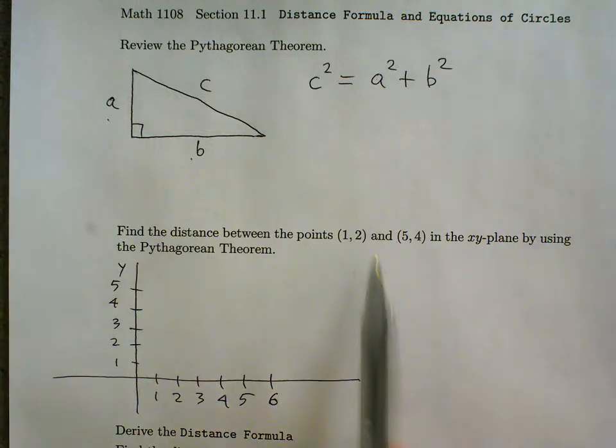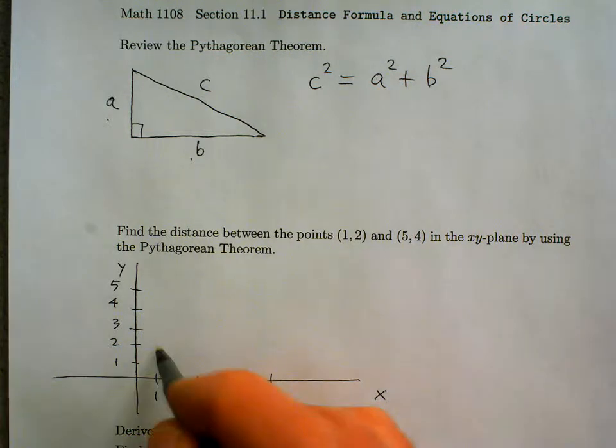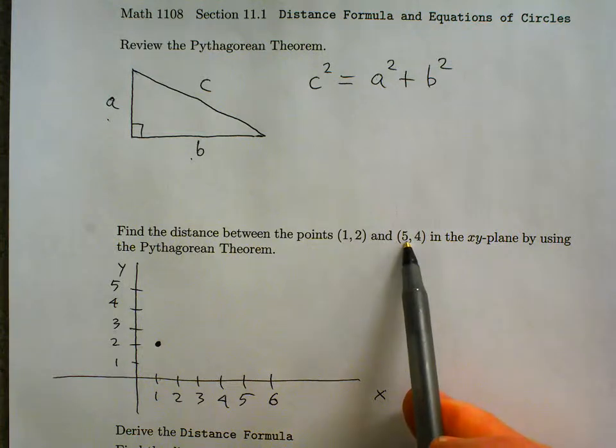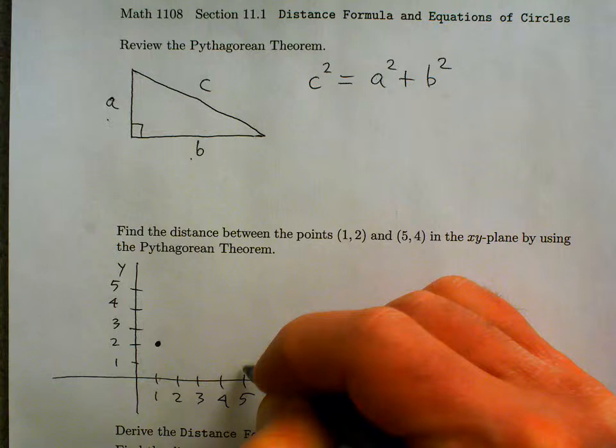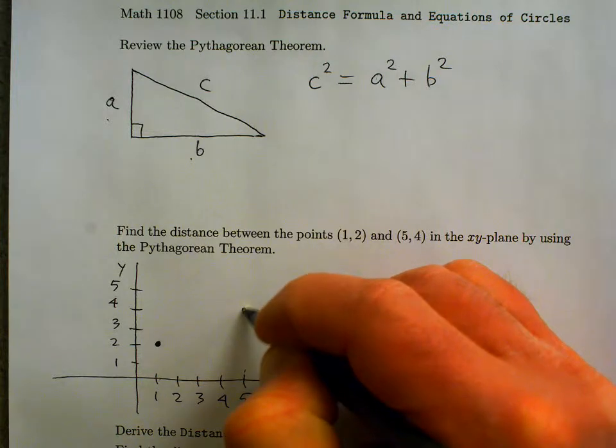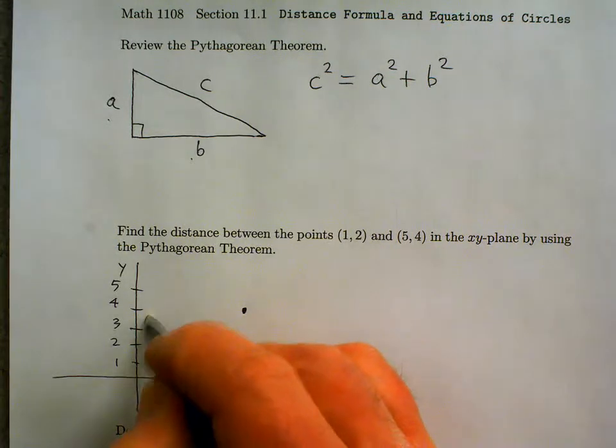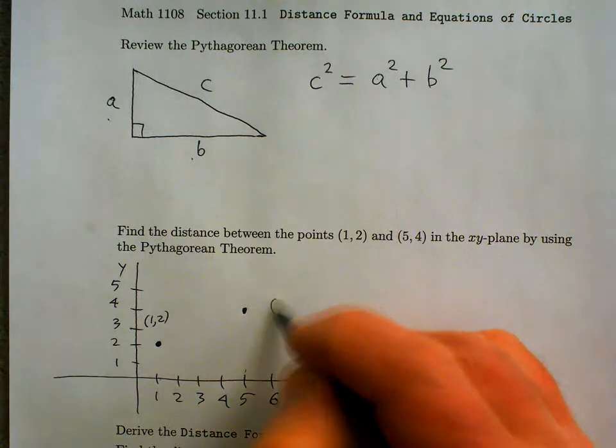Okay, one of the points is the ordered pair 1, 2. And the other point has coordinates 5, 4. So this one is 1, 2, and this one is 5, 4.